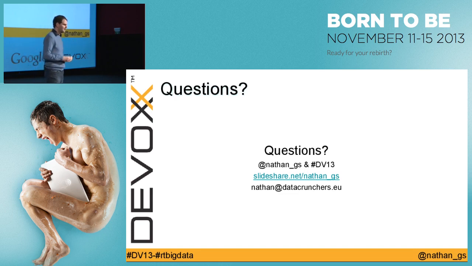Yes. How would you deal with iterative algorithms? He asked, how would you deal with iterative algorithms? Well, good question. There's no problem in your batch layer, obviously, but in your speed layer, you will have to do some estimations.